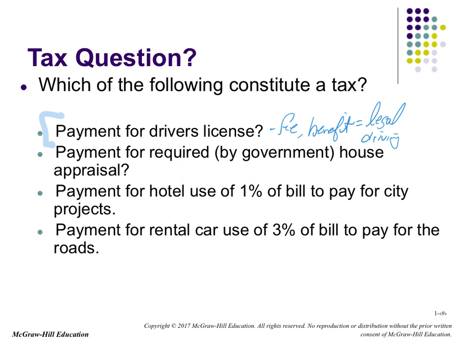All right, what about a payment required by the government for a house appraisal? Well, that is also a fee and not a tax, because you do in fact receive a specific benefit. Okay. What about payment for hotel use, and it ends up to be 1% of the bill to pay for city projects? All right, well, this is a tax because city projects are not a specific benefit.